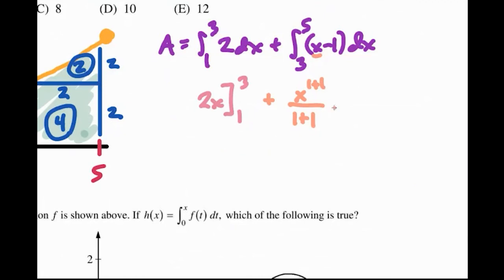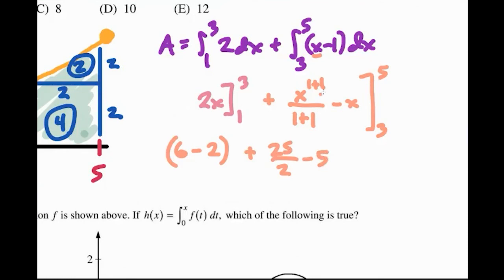Hey, what's the antiderivative of 1? X plus c, right? We don't need to worry about the plus c for this, though, so we're going 3 to 5. Okay, check this out. We plug the 3 in, so you get 6, minus when you plug the 1 in, you get 2. I'm going to put it in parentheses. I know you don't need to. I just like everything organized. You plug a 5 in there, and you get 25 over 2, minus 5.